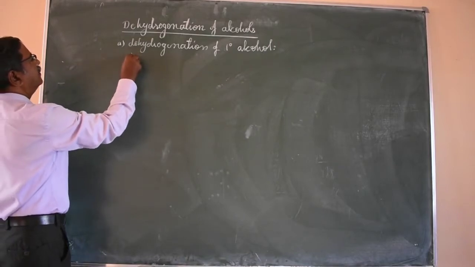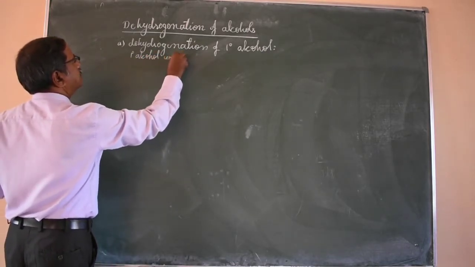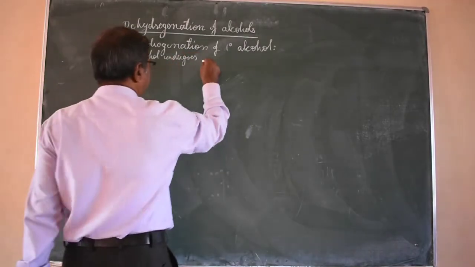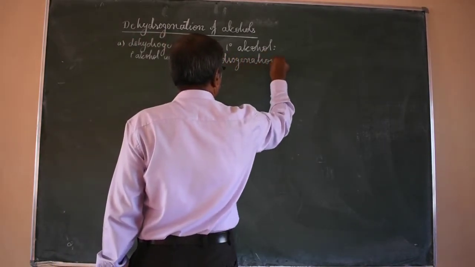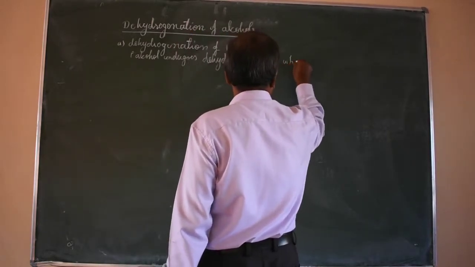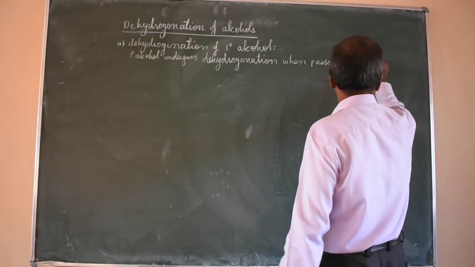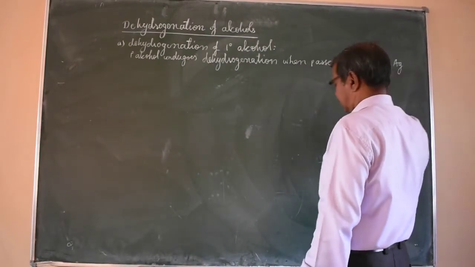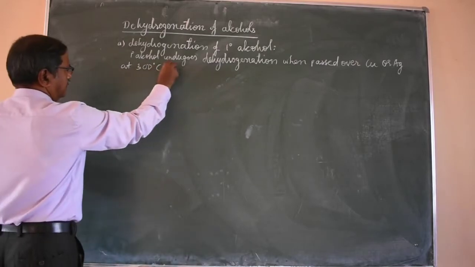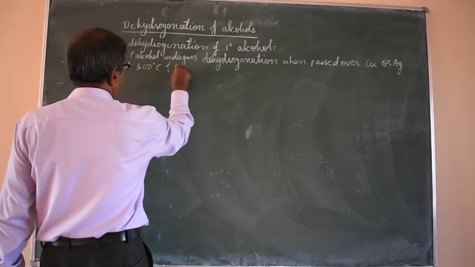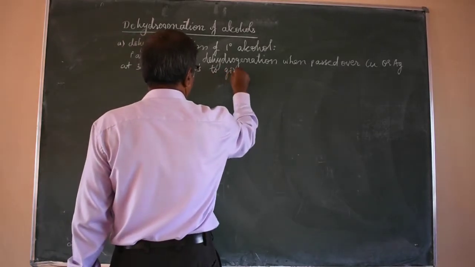Your 1 degree alcohol undergoes dehydrogenation when passed over Cu or Ag at 300 degrees Celsius, which is 573 Kelvin, to give aldehyde.